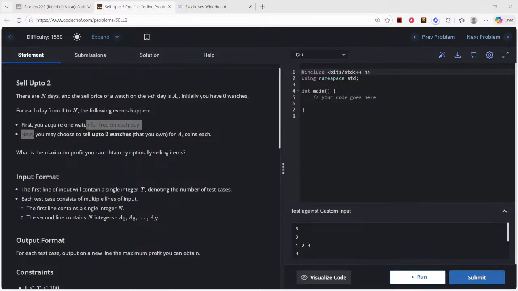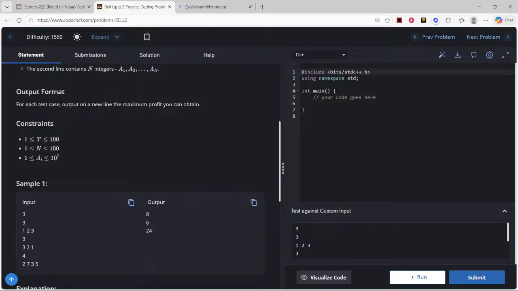Or I can choose to sell one watch on that day, so on the next day I will have W watches plus I will get some money. And if I choose to sell two watches, then on the next day I will have W minus one watches and two times the ith day's coins. So that is the problem, right?